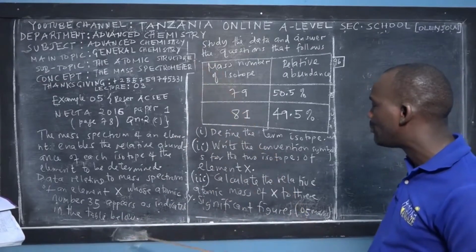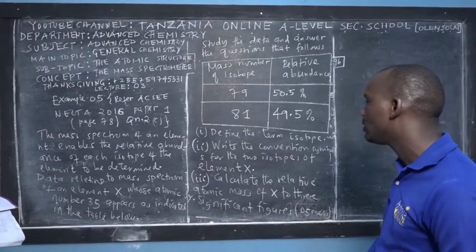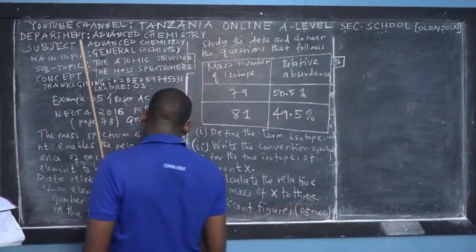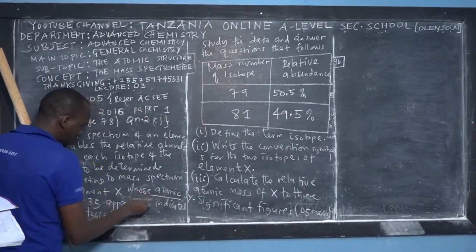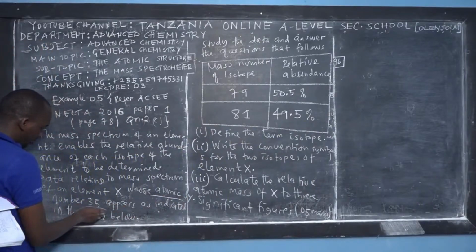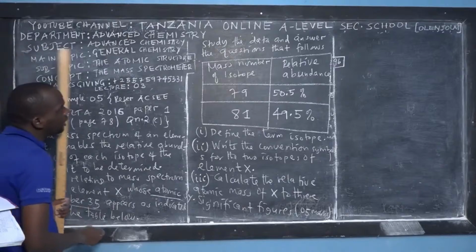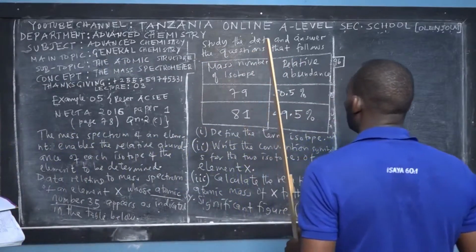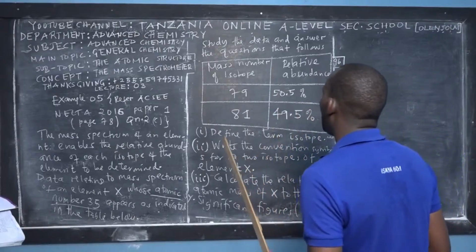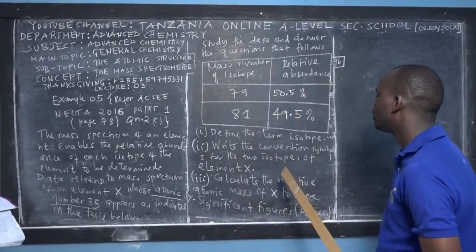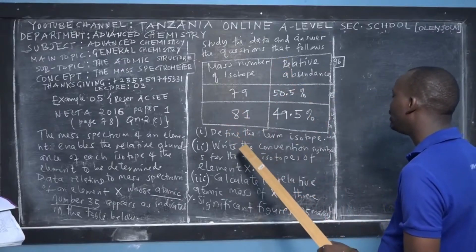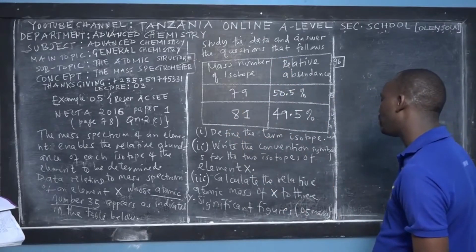So the atomic number is 35. Because you have written the question, I would just like to underline some of the keywords. Atomic number is 35. Study the data and answer the questions that follow. So these are the questions. This is the data, or the given table. Define the term isotope, or the meaning of isotope.